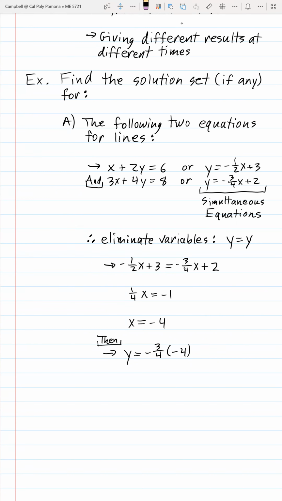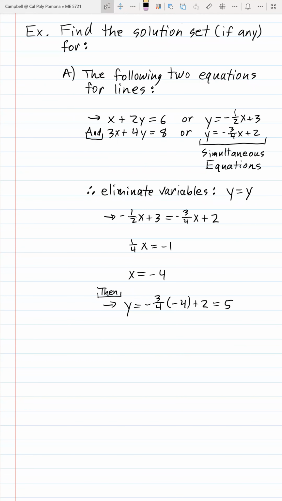So that made life a little bit easier in terms of canceling out those 4s. And pretty quickly, you can see that we would end up with y is equal to 5. And so that would be our solution for this particular set of simultaneous equations, -4 and 5. So single solution, and we're set to go.